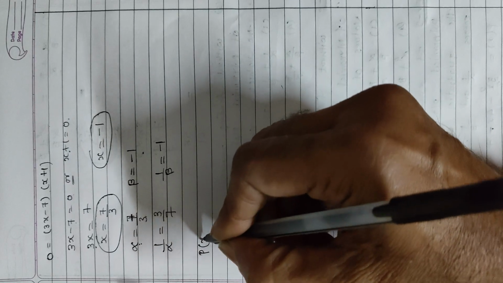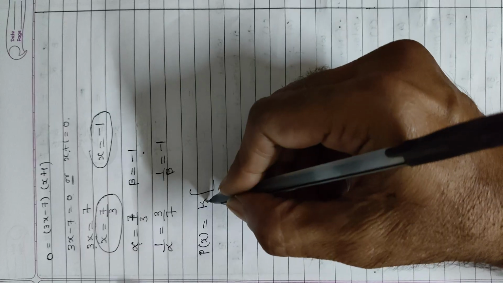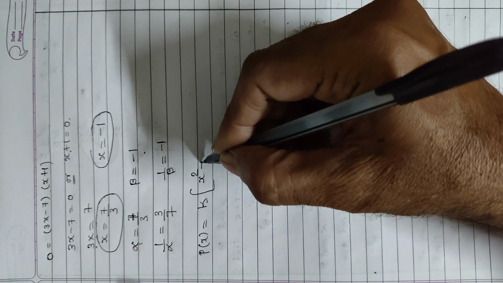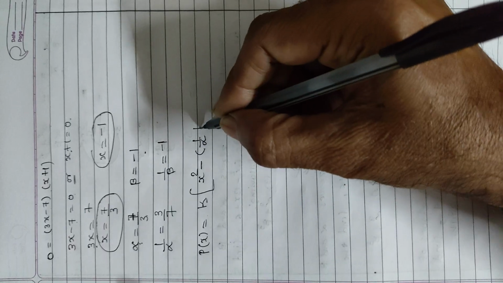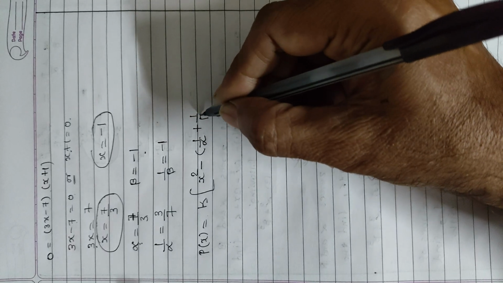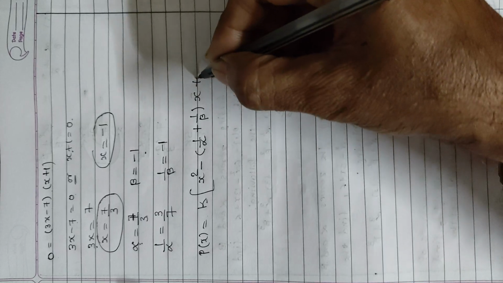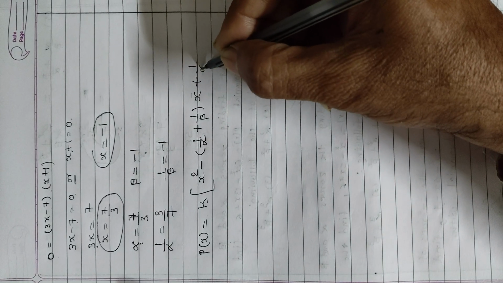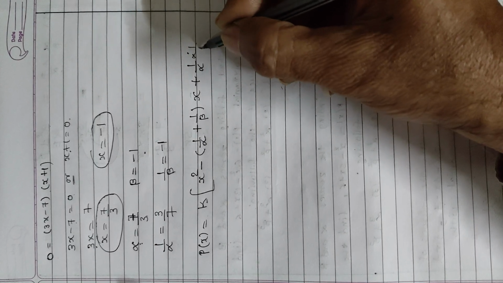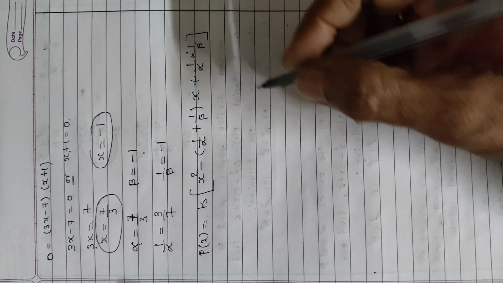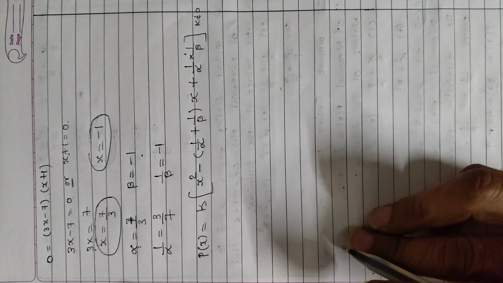Now what is the quadratic polynomial? So p of x is equal to k times x square minus, write 1 upon alpha in place of alpha and 1 upon beta in place of beta, into x, plus 1 upon alpha times 1 upon beta, where k is not equal to 0.